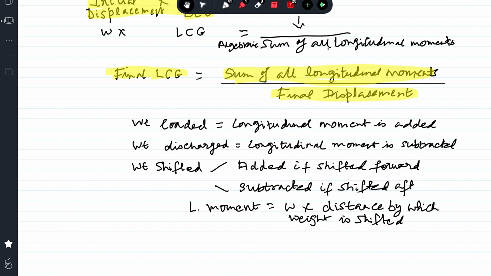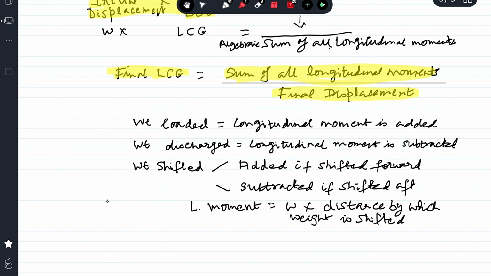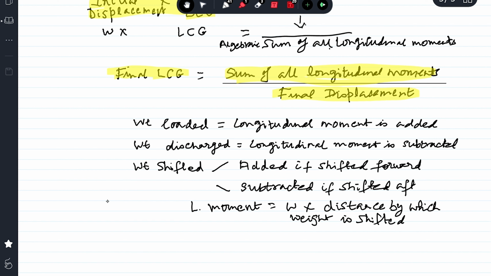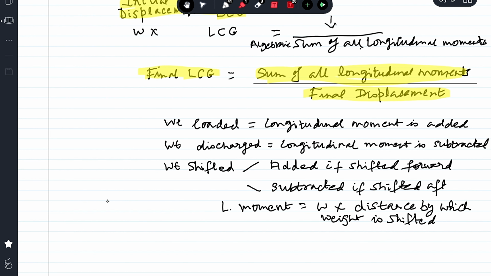If the weight is shifted towards the aft perpendicular, we subtract the longitudinal moment, and if it is shifted forward, meaning it is going away from the aft perpendicular, the longitudinal moment should be added.